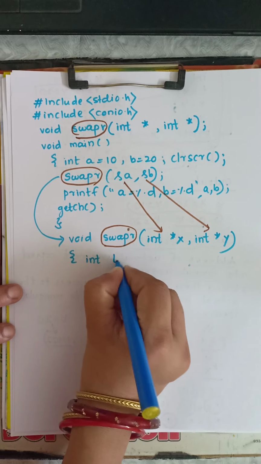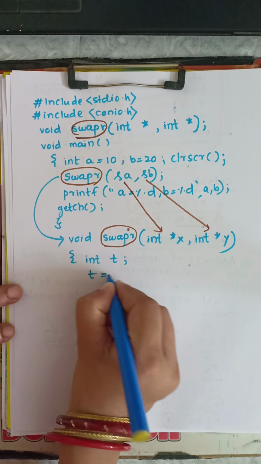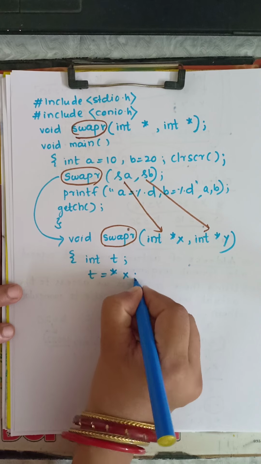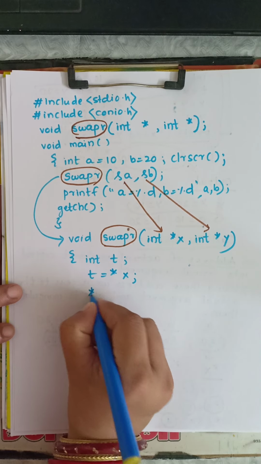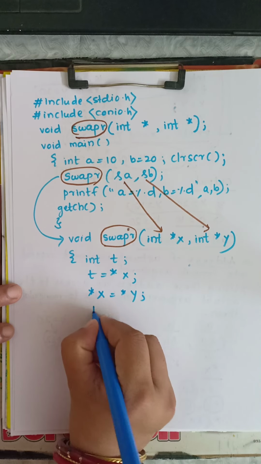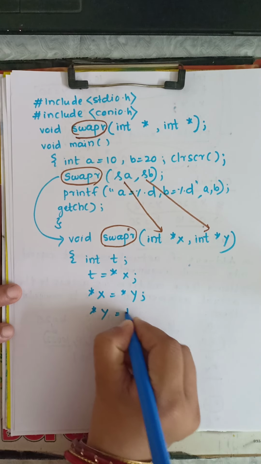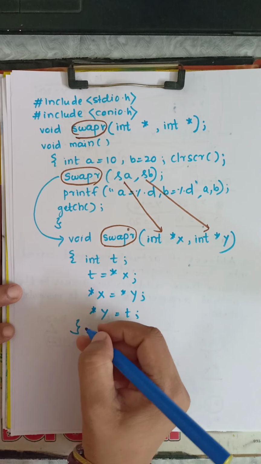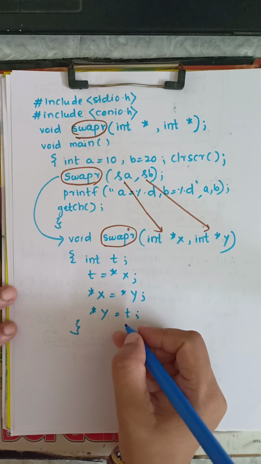Then int t, and with the same technique I use only the pointer values: t equals asterisk x, asterisk x equals asterisk y, asterisk y equals t. It is the same technique we used in our call by value method.